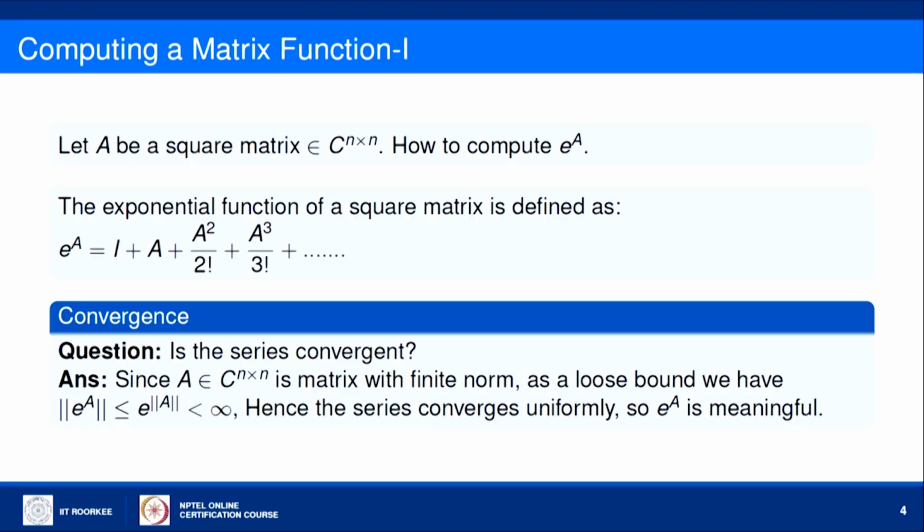So let us learn about computing matrix functions. Let me take case 1. In case 1, I am taking that the matrix A, which is of size n by n, is diagonalizable.